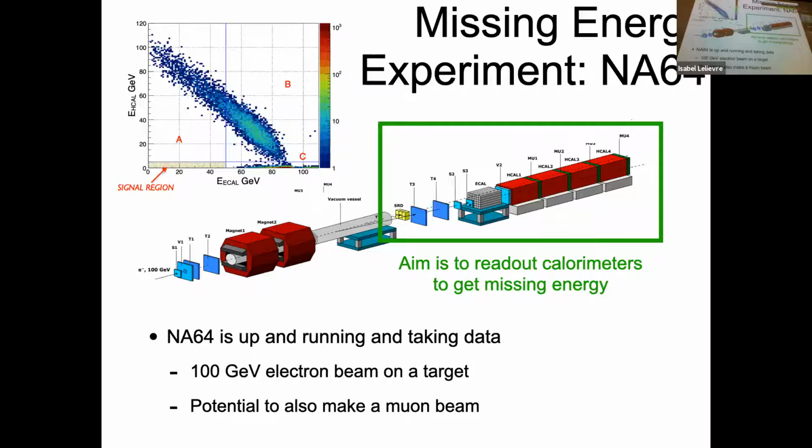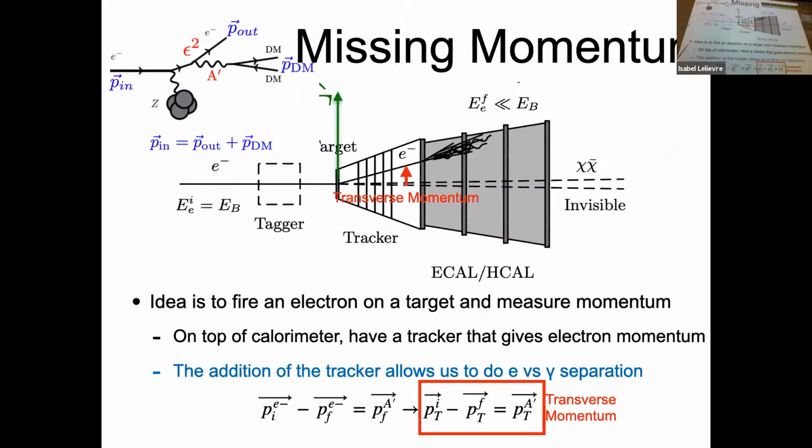So the strategy here is that, well, this process where electron radiates a dark photon and decays invisibly is a clean signature. Most of the time, the electron will radiate and give you like crap. So you're going to get all sorts of hadronic stuff in your detector, and you want to veto those events.